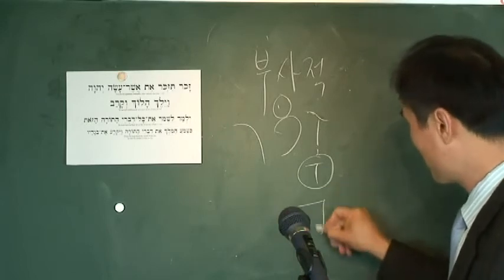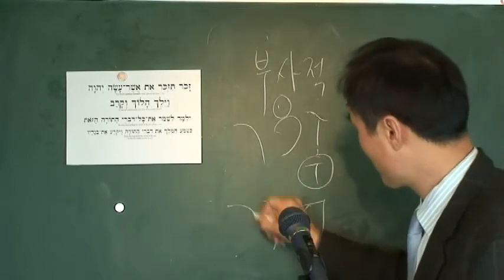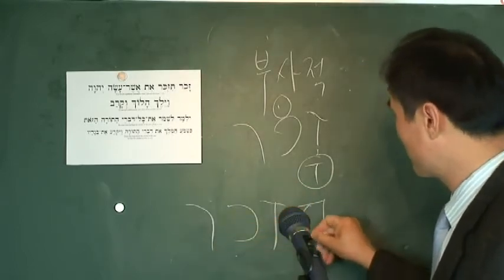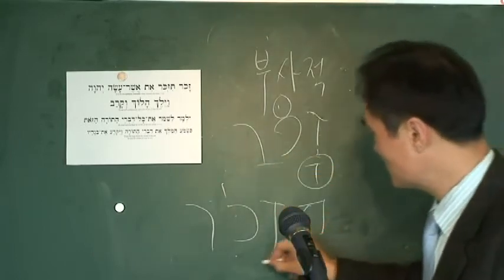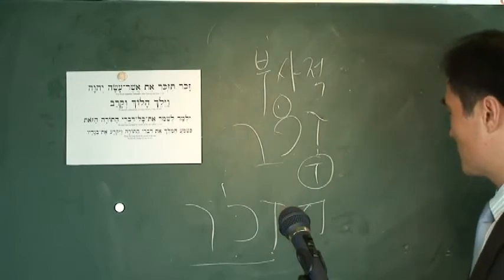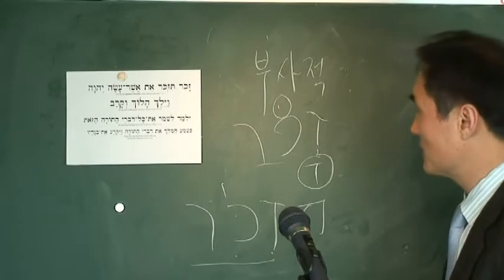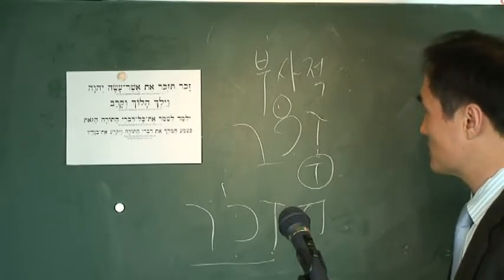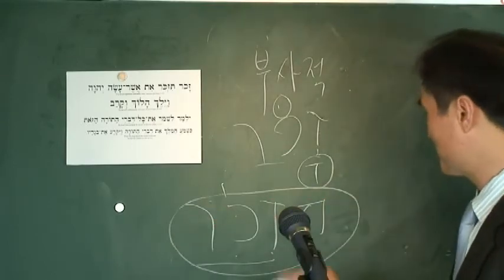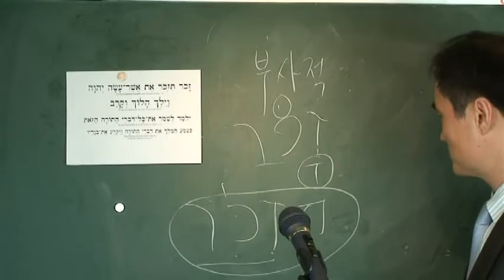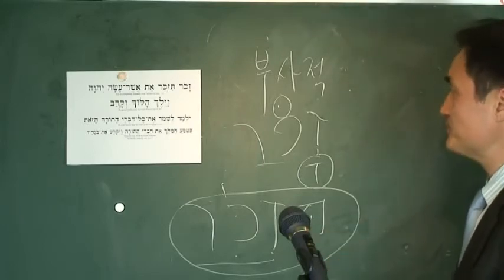The second word in the sentence is ti zakor. This is a third-person feminine singular with the same roots as zakar, and it is also a second-person masculine singular of the imperfect form.